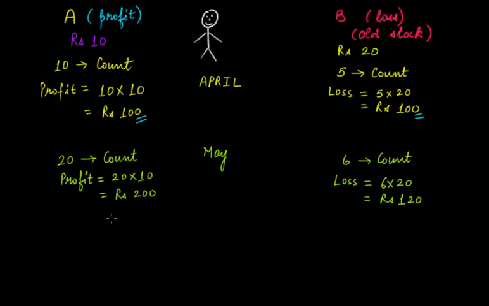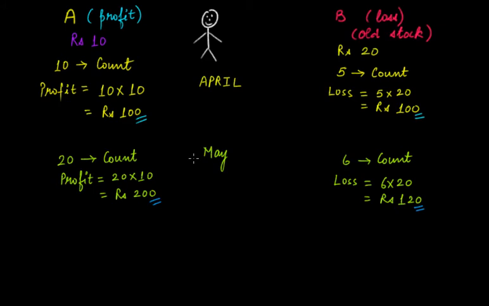So the loss that you are making due to selling of item B is rupees 120, and the profit that you are making because of selling of item A is rupees 200. Now you will think that my rupees 200, the profit that I have made because of item A, is greater than the loss that you are making because of B. Yes, you are making a loss of 120 also, but you are in a net profit.